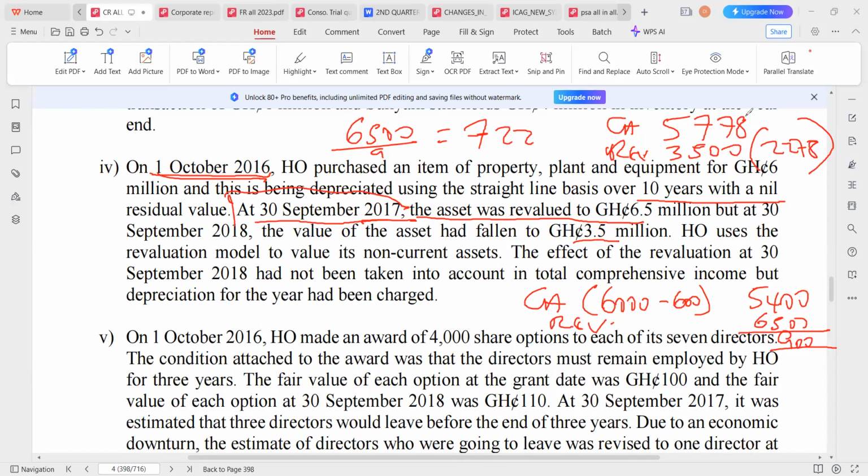All right. Now, you have made a loss of 2,278. Meanwhile, last year you made a gain of 900, so you cannot record the entire loss. When you made a gain, where did you record it? The gain went to OCI. So wherever the gain went, remit a portion of this loss to wherever the gain is.